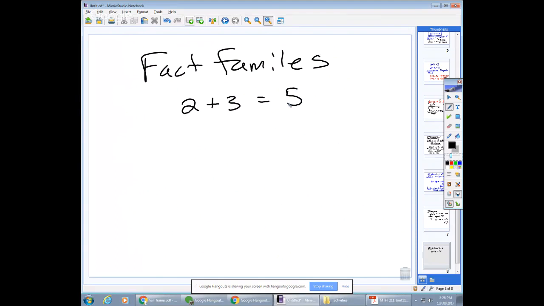So there's a whole family of facts related to that one statement. This says maybe Gary has 2 bicycles and Ashley has 3 bicycles, and together they have 5 bicycles, right? So the set model. We could talk about Ashley's bicycles first and then Gary's. Bottom line is they still have 5.